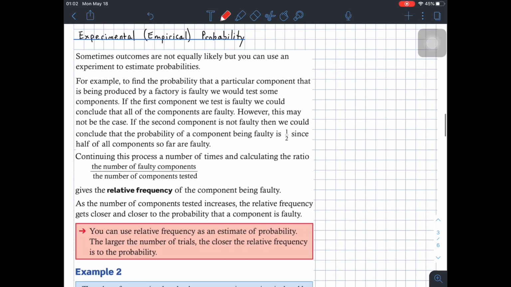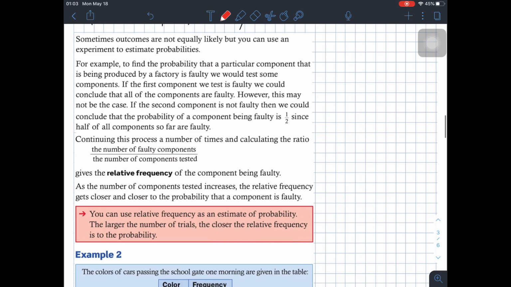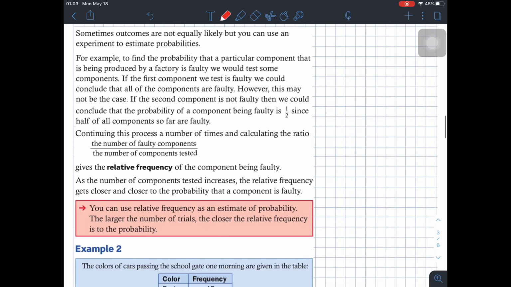Okay, so experimental or empirical probability, it says, sometimes outcomes are not equally likely, but you can use an experiment to estimate probabilities. For example, to find the probability that a particular component that is being produced by a factory is faulty, we would test some components.